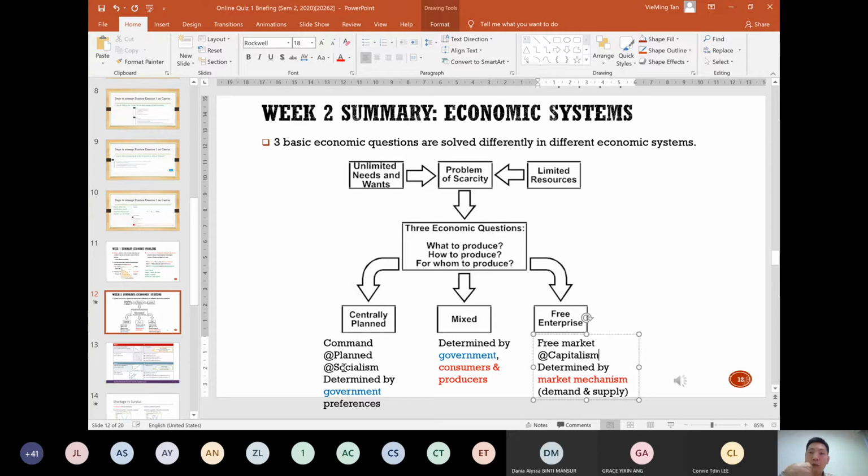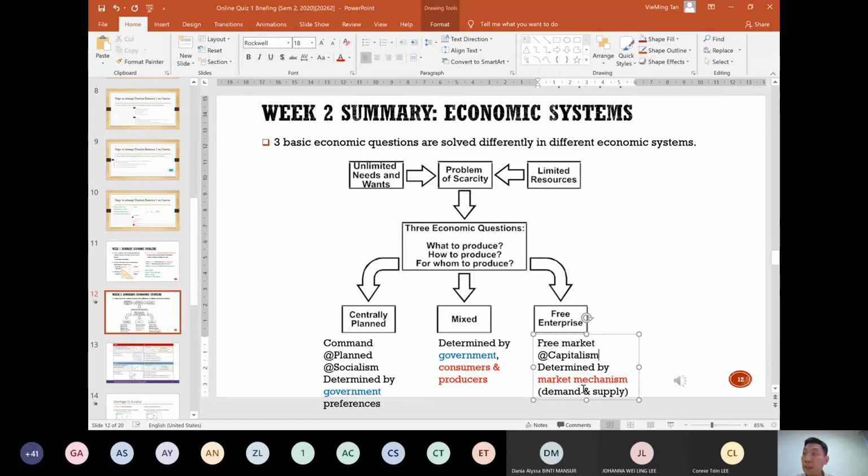Then we go back to the other end. How about capitalism? Who will decide what to produce, how to produce, and for whom to produce? The market mechanism, which refers to demand and supply.